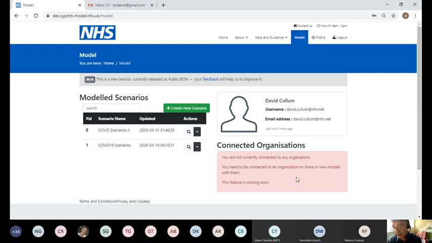So if you're working across a variety of agencies, they can all join up here and be working on the same models. You create your models, and then they get saved in this area here, and you can pick them up later on. I'll just create a new scenario just for fun.